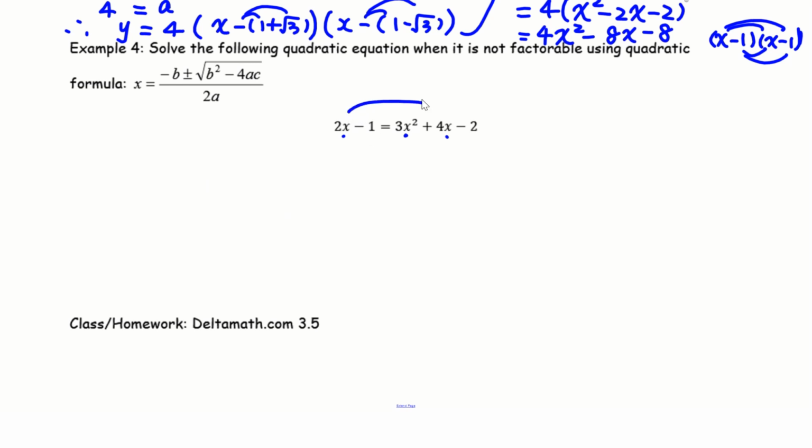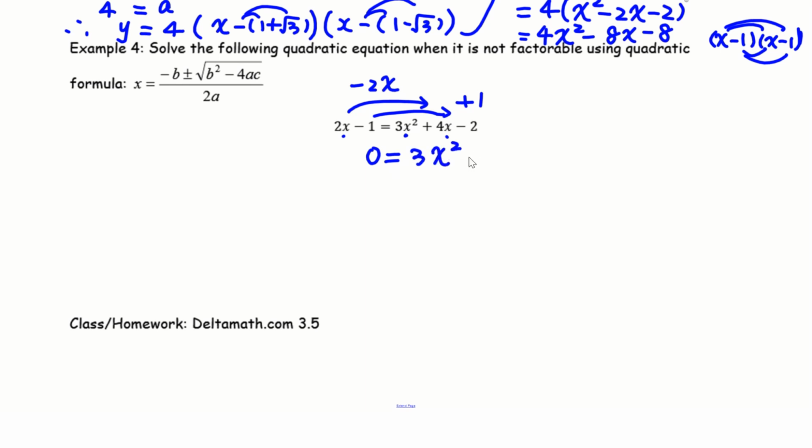Then we are going to move everything to one side. Make sure we are solving for the zeros. So we move the 2x to the other side, it is minus 2x, minus 1, opposite operation is plus 1. Then collect the like terms.